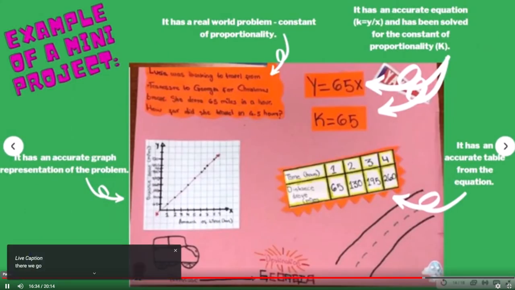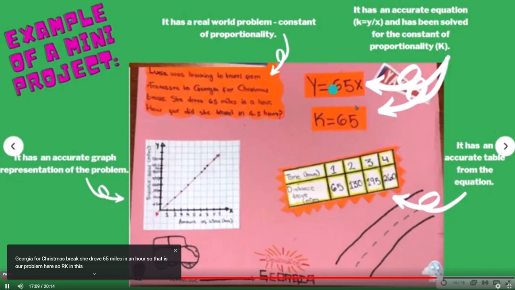There we go. Okay, so this is an example of our mini project. What your mini project needs to have is your word problem, and from that word problem, you are then going to create an accurate equation. So this one is: Lucia was thinking to travel from Tennessee to Georgia for Christmas break. She drove 65 miles in an hour. So that is our problem here.